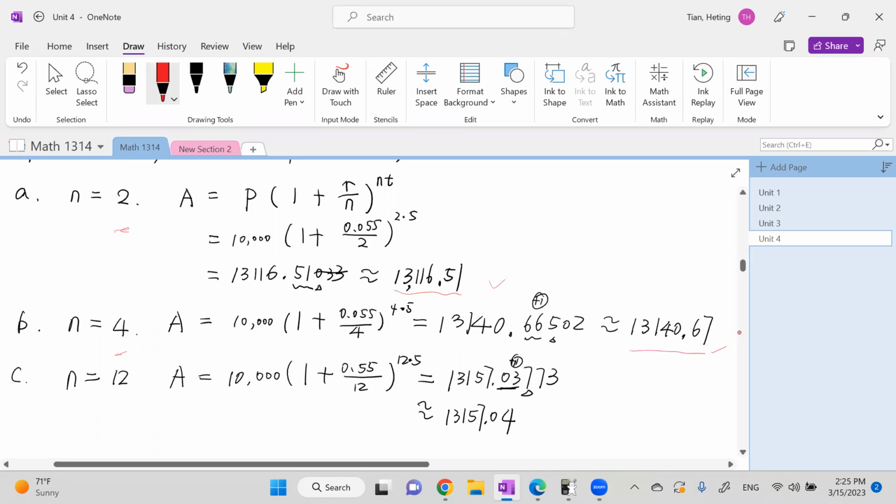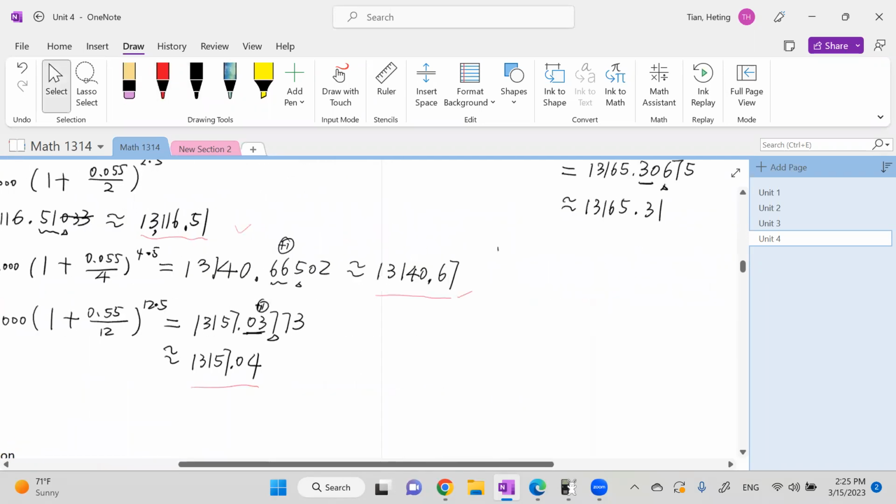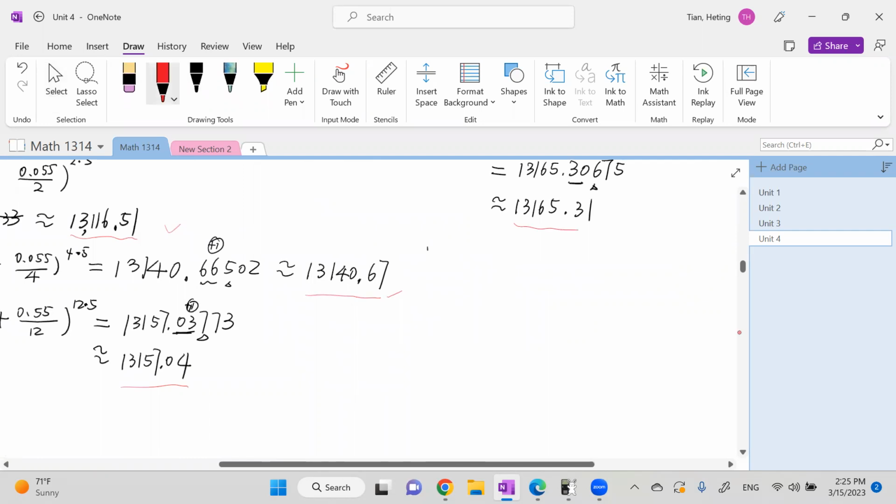And if n is 12, the money is increasing more. If we compound continuously, we have the most money. That means if we compound more often in a year, we get more future value.